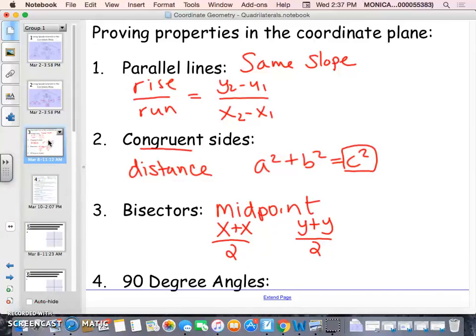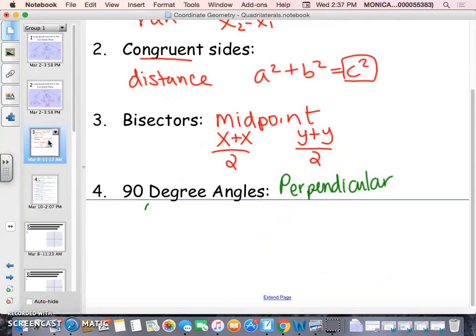And then finally, we're going to look to see if there are 90-degree angles in either our sides or our diagonals. And to do this, we're testing to see that our lines are perpendicular. And by perpendicular, remember, they should have opposite reciprocal slopes.